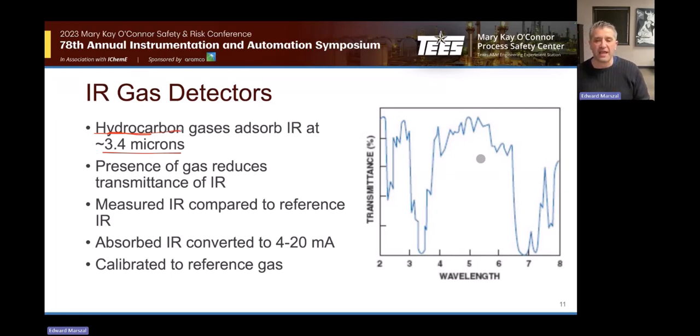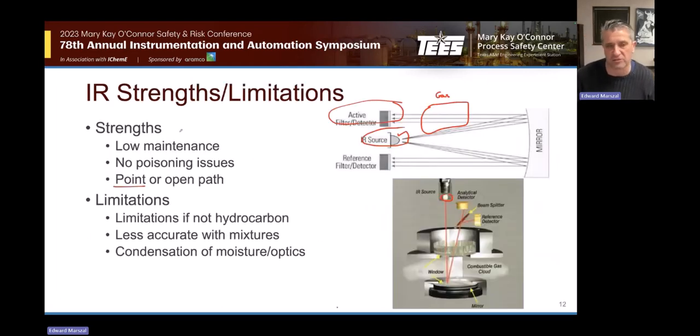If you have a different bond, an oxygen-hydrogen bond or a sulfur-hydrogen bond, those bond lengths are different. They have different characteristics. They're not going to absorb the same amount of IR radiation at the same frequencies. So if you're not looking at a hydrocarbon gas, you need to coordinate with your manufacturer.